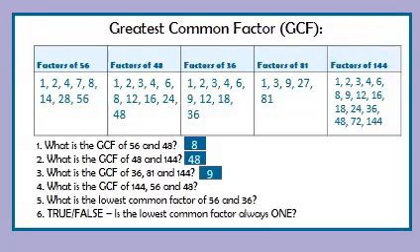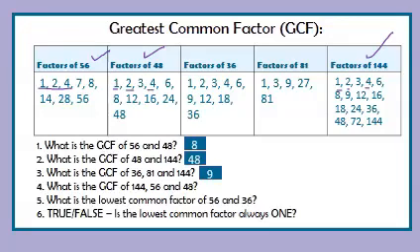And now, what's the GCF of 144, 56, and 48? Let us see first the common factors. Here we have 1, 2, 4.